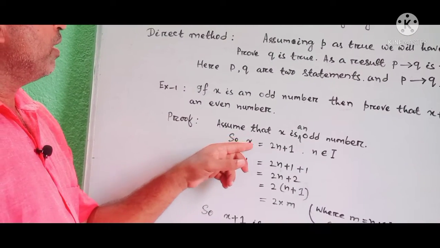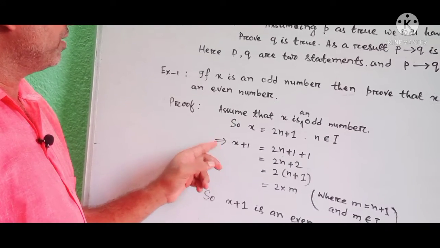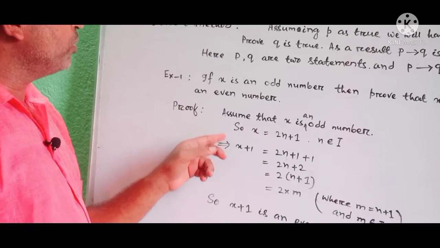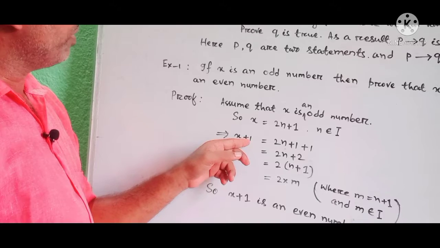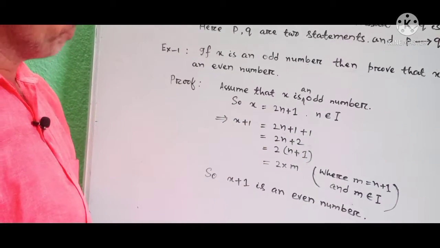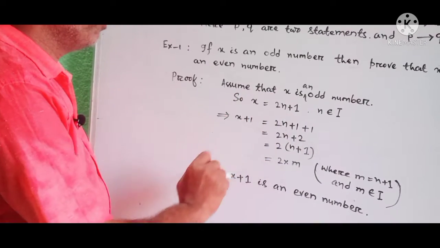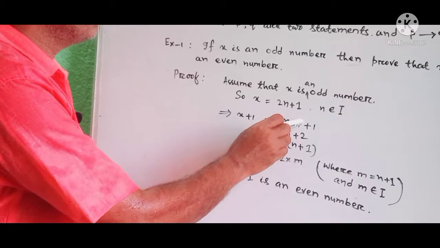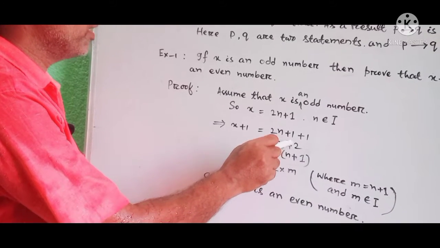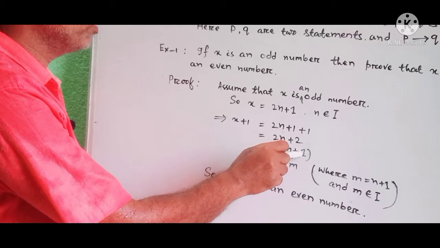So x is equal to 2n plus 1, which implies x plus 1 is 2n plus 1 plus 1, that is equal to 2n plus 2. Taking 2 as common, 2 multiplied by bracketed n plus 1.